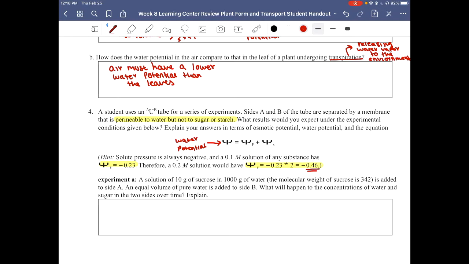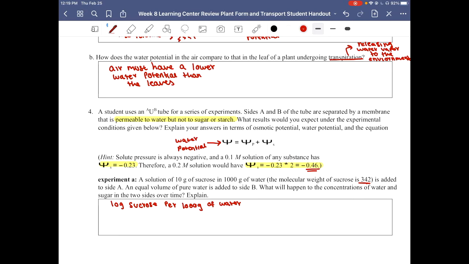So first, we are going to figure out the components of the equation that's given above. First we need solute. They're telling us there's 10 grams of sugar, or sucrose, per 1,000 grams of water, and that the molecular weight is 342.